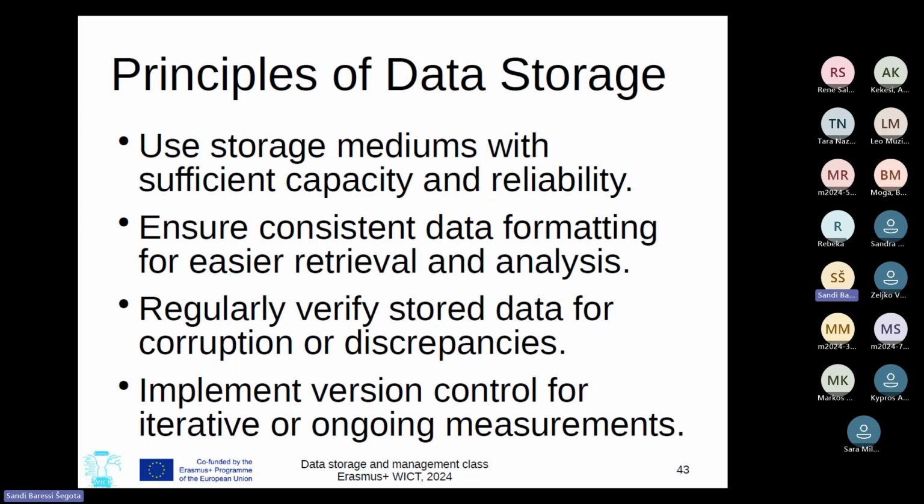If you're inputting new measurements and you realize you screwed something up, you input measurements that you shouldn't have, using that sort of software will allow you to essentially roll back to the previous version of the data that you had. If there's a large scale corruption of your data, you can roll it back, and you can detect corruption because you can detect changes between different versions. So that's something that's very, very useful to have and to implement.